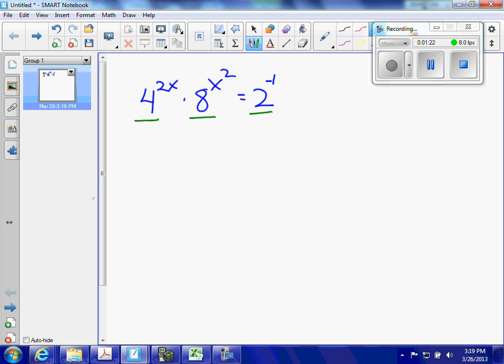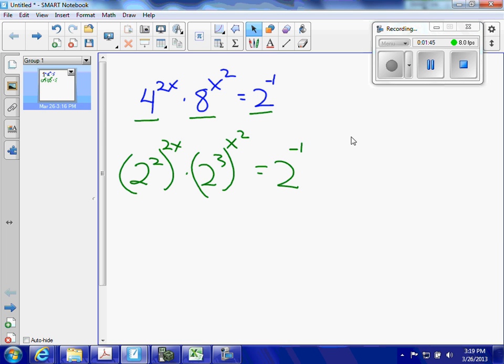So it's not going to be that tough to get the same base, because I can change this to 2 squared to the 2x, and I can change this to 2 cubed to the x squared, and now that equals 2 to the negative 1.